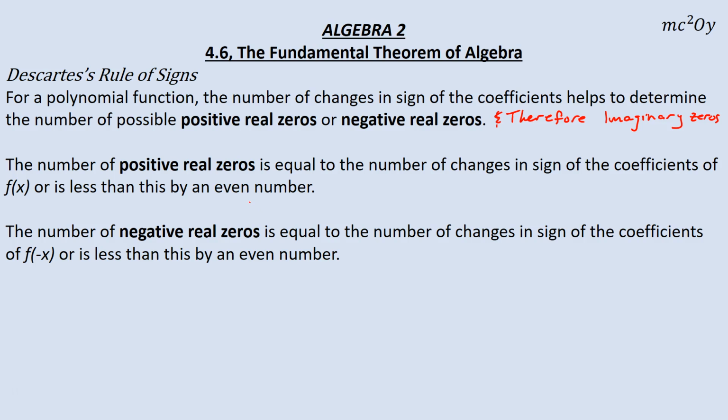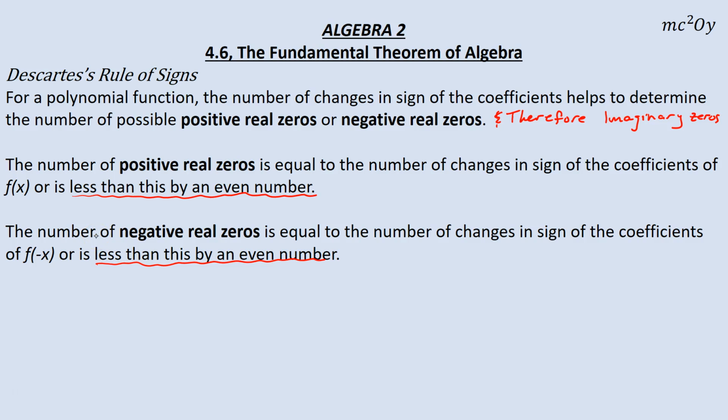This last statement just means, and I'll explain what positive real zeros and the changes of signs mean in a minute, but just so that we're not confused with this less than this by an even number, you have that in both of these statements.